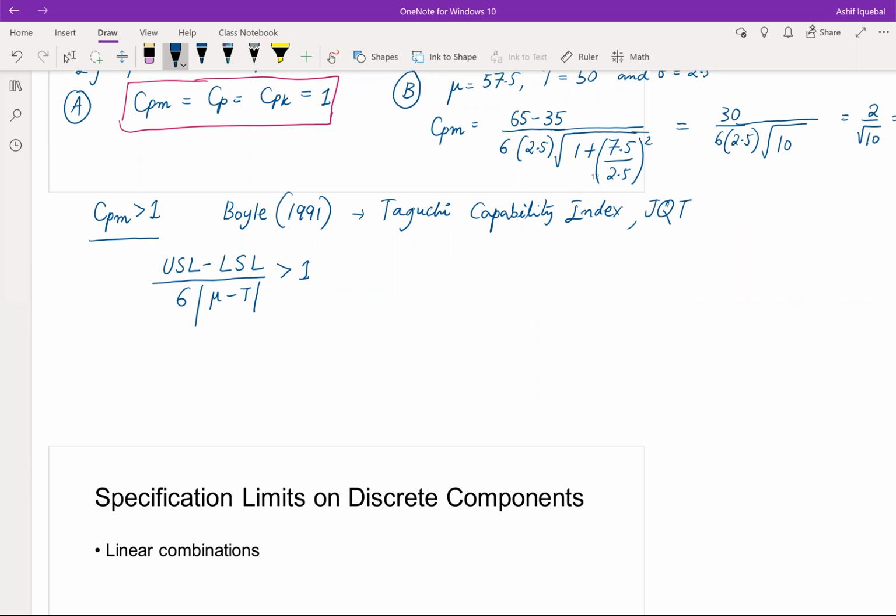Okay, and from here you can write that |mu minus T| should be less than 1/6 of (USL minus LSL). So what this expression tells you is that this is the maximum deviation in the process mean. The left hand side is the deviation in the process mean, right?